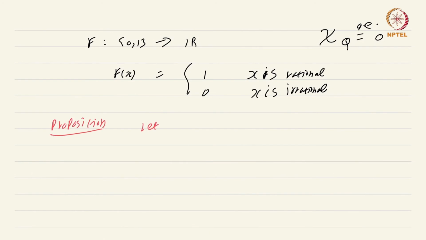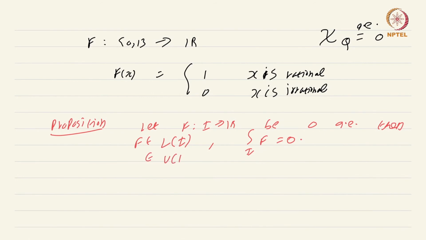Let f from I to R be equal to 0 almost everywhere, then f is Lebesgue integrable and the integral over I of f is 0. In fact we can make it stronger. f is actually an upper function, not just a Lebesgue integrable function, it's something stronger. Proof?